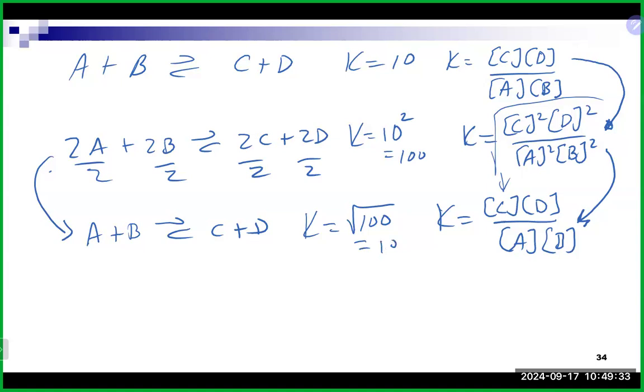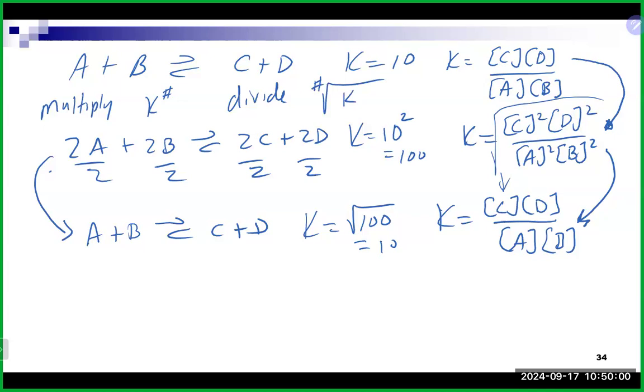Now, if I multiplied by 3, I would take the K value and cube it. If I divided by 3, I would take the cubed root. So if you need to multiply by a common number, you take the K to that number, whatever the common number is. If you need to divide by a common number, you take the root of the K value to that number.